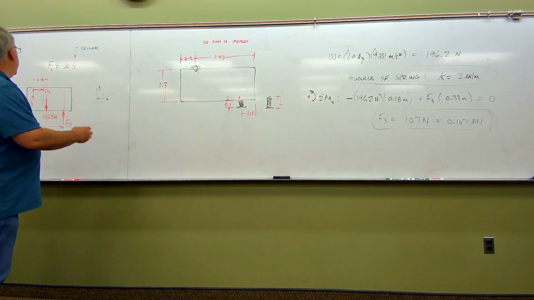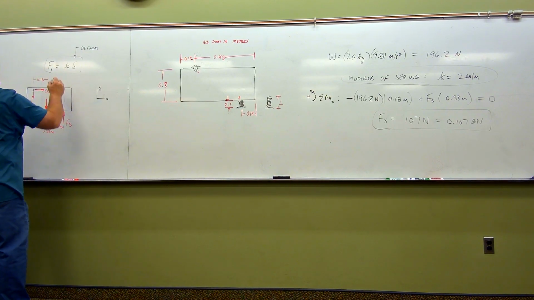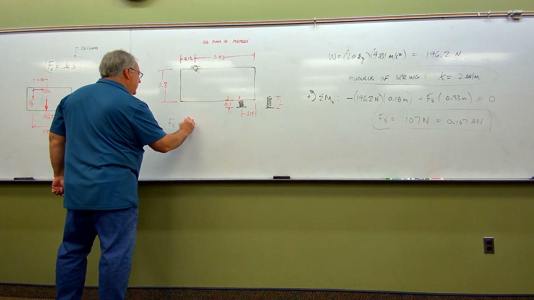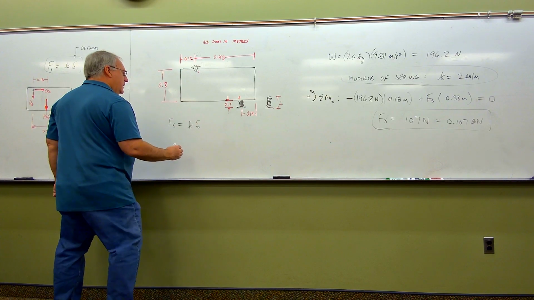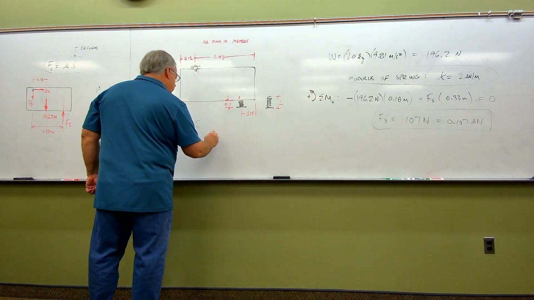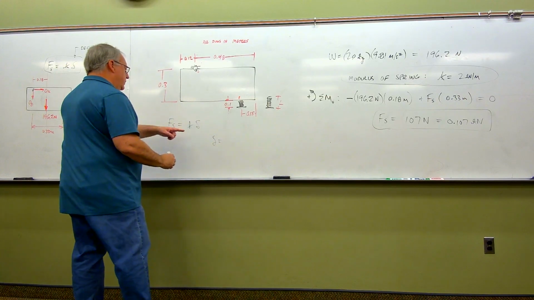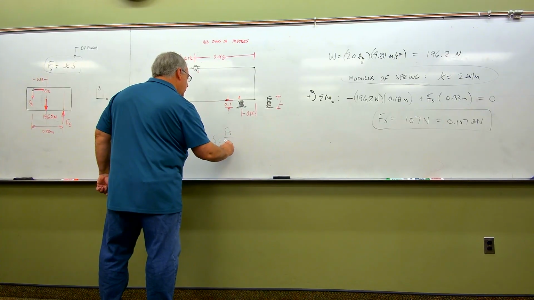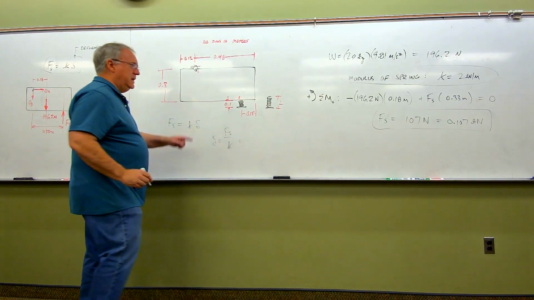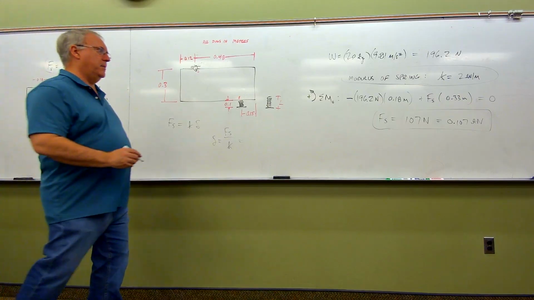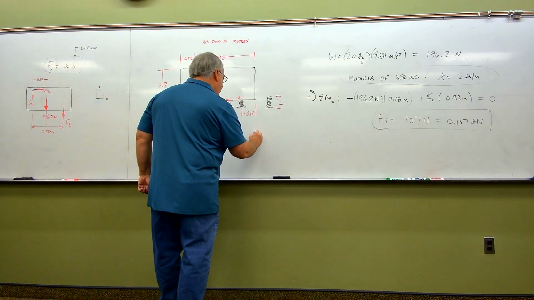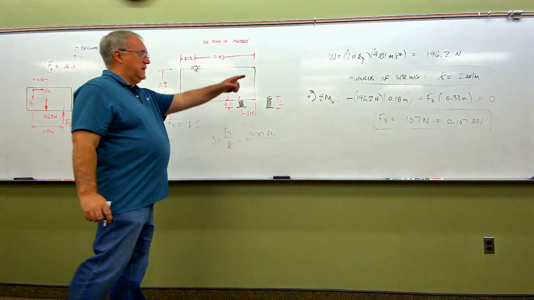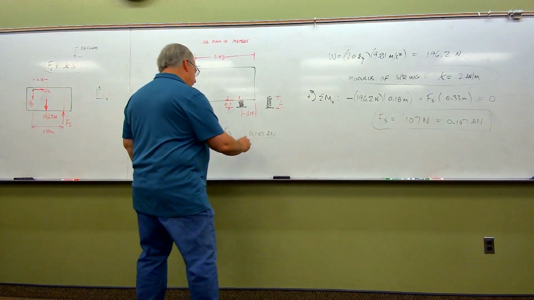If I come back over here and I use this equation here, that means if Fs is equal to, again, K delta, that means that delta, the deformation, is equal to, therefore, Fs divided by K. And that's going to be equal to, we just figured out Fs over there is 0.107 kilonewtons divided by the K value, which was 2 kilonewtons per meter.